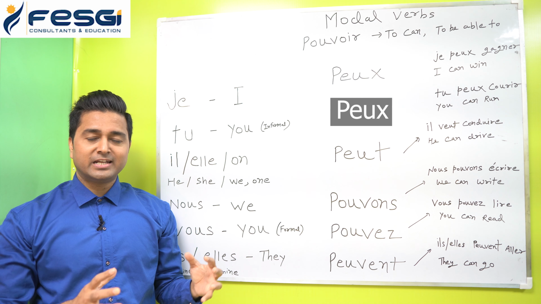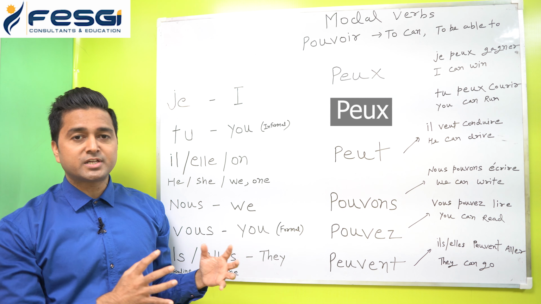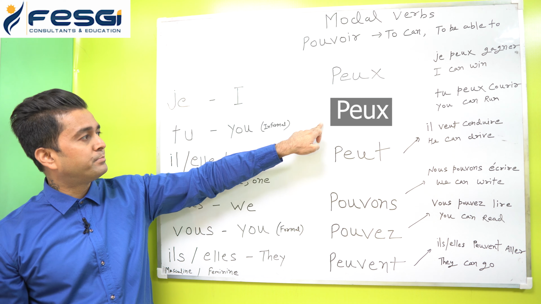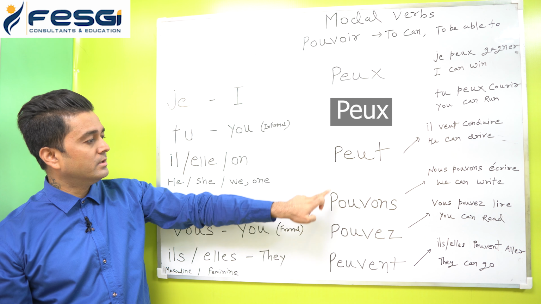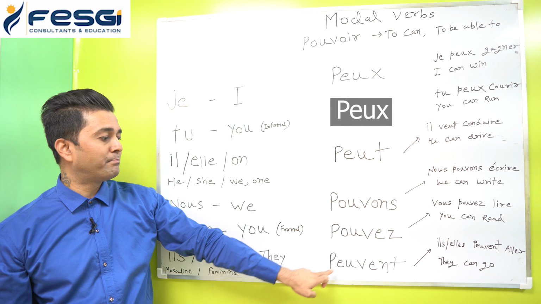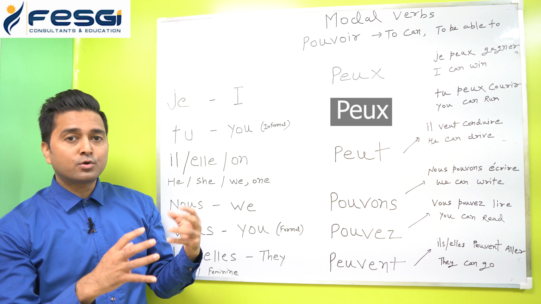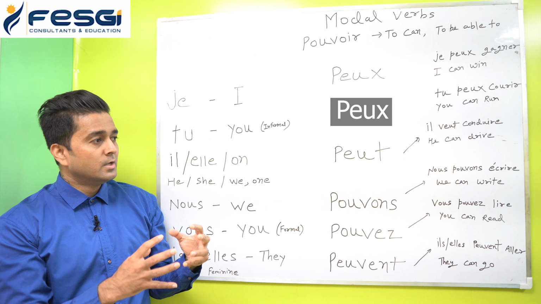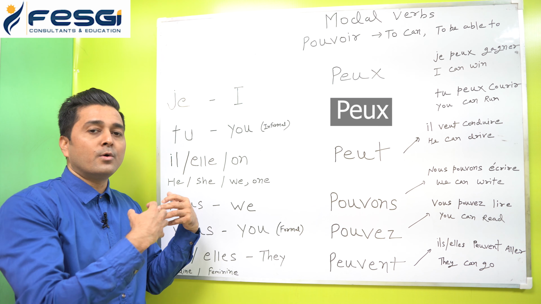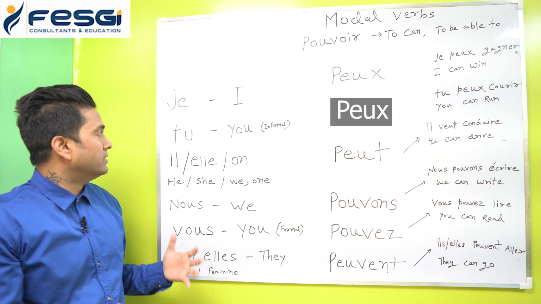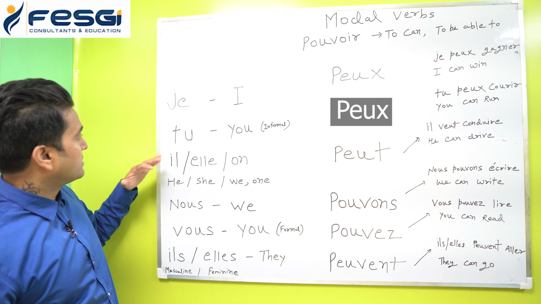So first of all, let's concentrate on the conjugation, how we conjugate. So here you can see peux, this is the pronunciation, pouvoir, pouvez, peuvent. So now this is the conjugation, but I want to make sure that you understand with the help of subject pronouns how you can use it and how it makes sense for you. For example, here I have written all the subject pronouns.